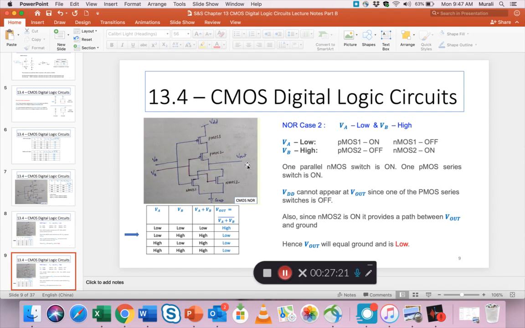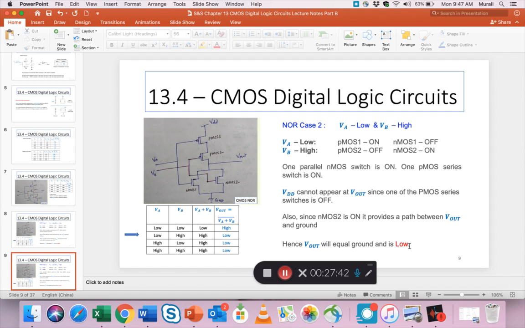And that's exactly what we know is true. Since NMOS 2 is on, it provides a path between Vout and ground. So Vout connects to ground. Hence Vout will equal ground, which is low.